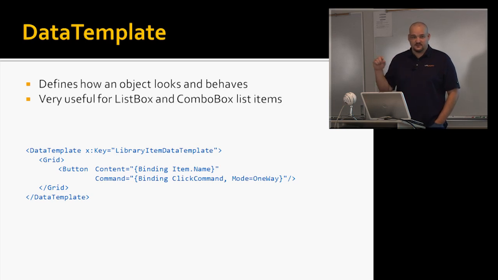Each of the items in your list, you can define a data template for them. So instead of simply one text value, you could pull off multiple values and arrange them however you'd like, or change colors based on certain things. A lot of possibilities open up for you here, all of which can be dynamically changed at runtime as well.